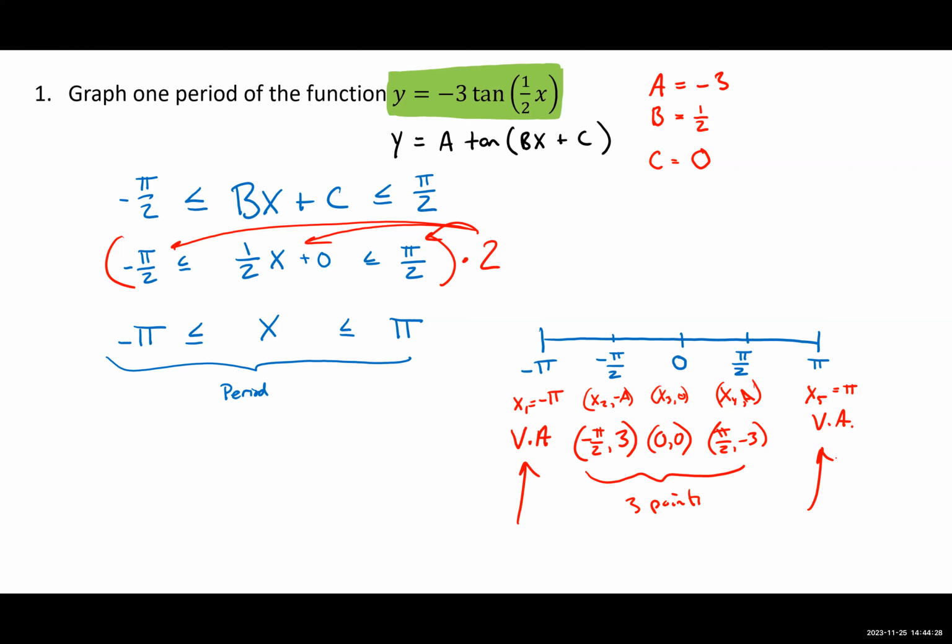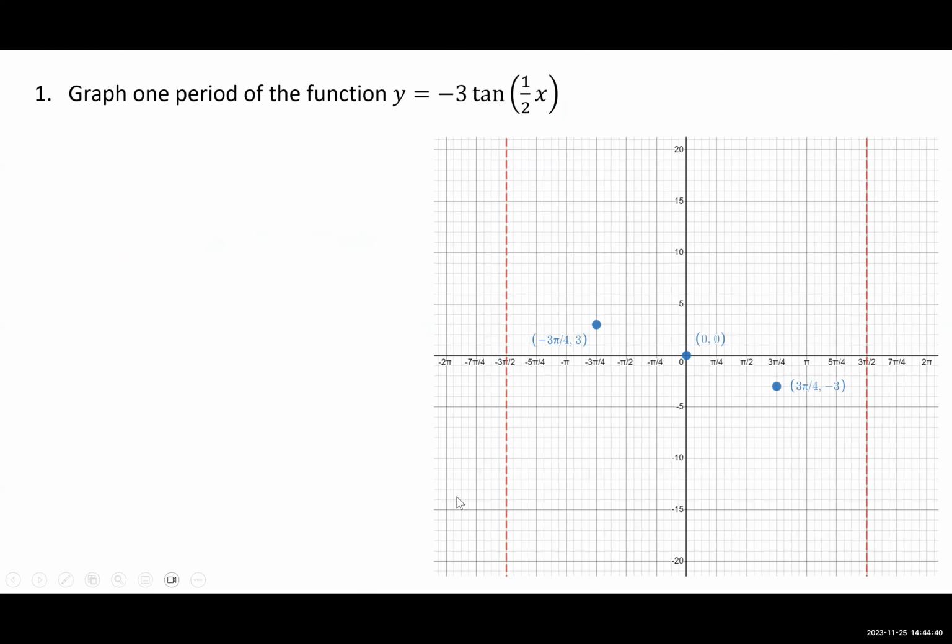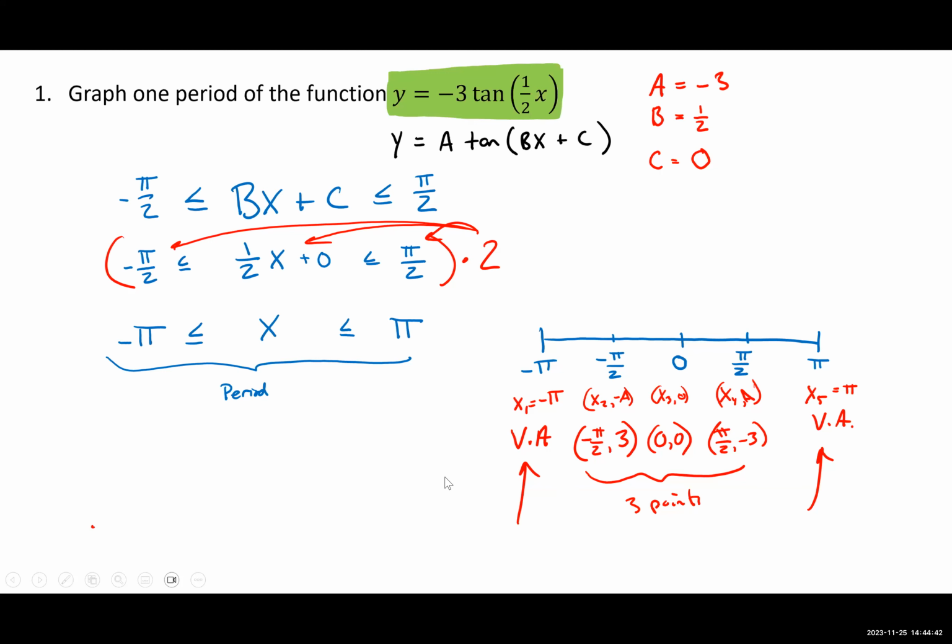And that's enough information to give a graph of the tangent function because we know what the shape of the graph is. The tangent function always looks like this, unless there's a reflection over the x-axis, in which case it would look like this.